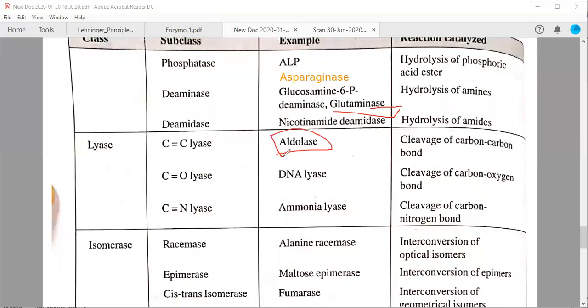Aldolase is a kind of lyase which will degrade the C double bond C. Then there are isomerases, epimerases, racemases. This all we have discussed. So fumarase, if someone asks you, fumarase is a kind of cis-trans isomerase. From the previous discussion, fumarase converts geometrical isomers, for example fumarate and malate.